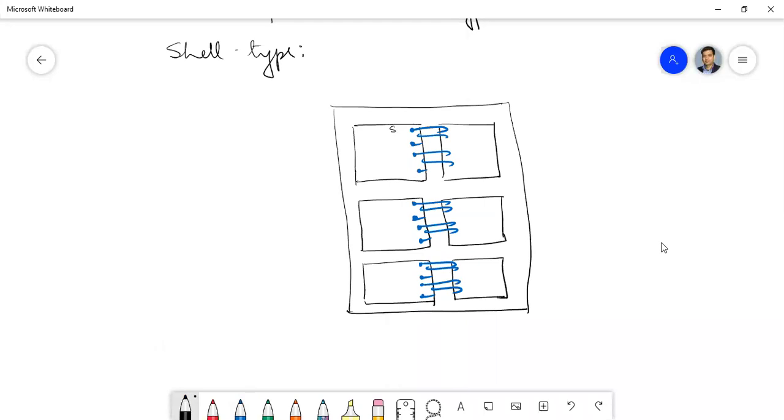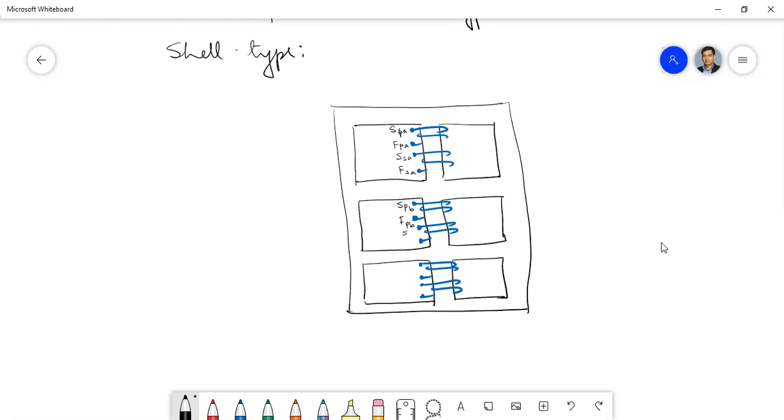So this is the start of A phase, this is the finish of A phase. This is the start of secondary of A phase, and this is the finish of secondary of A phase. This is the start of primary of B phase, this is the finish of primary of B phase.